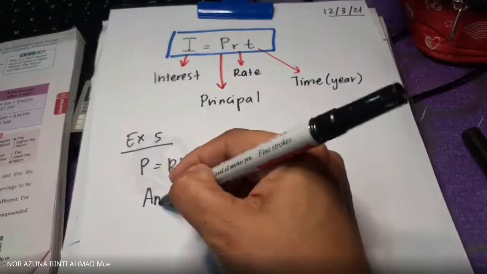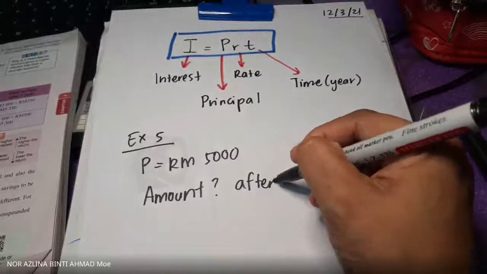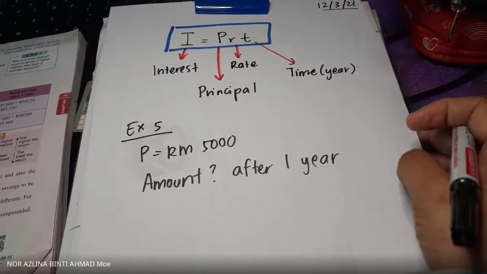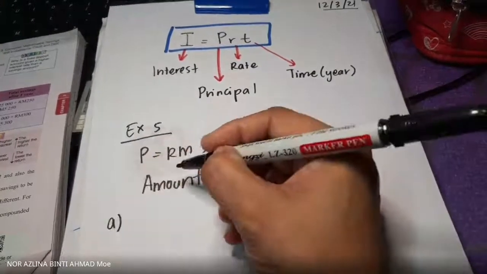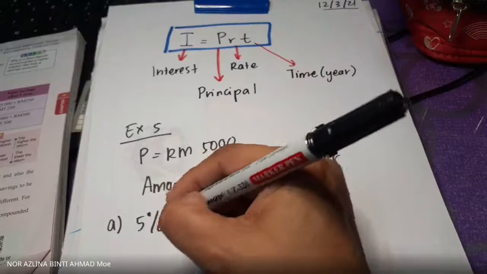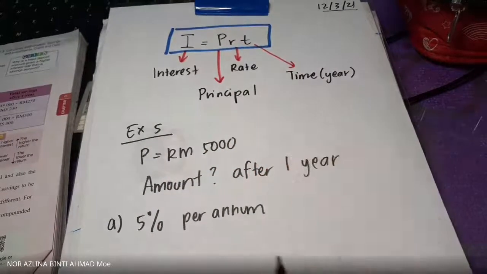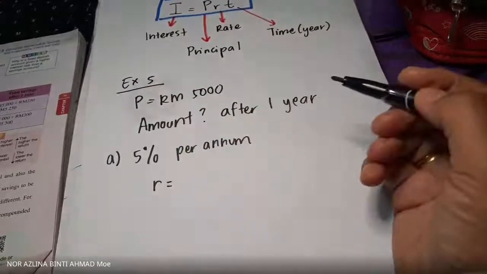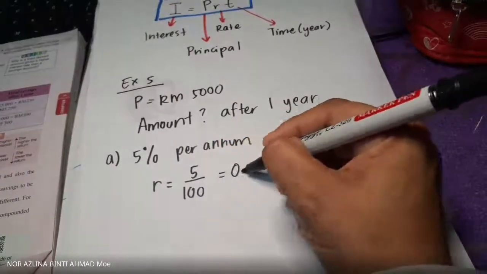The question asks you amount after 1 year. Given the rate is 5% per annum. Per annum means per year. So given the rate R equal to 5/100, so this is 0.05.